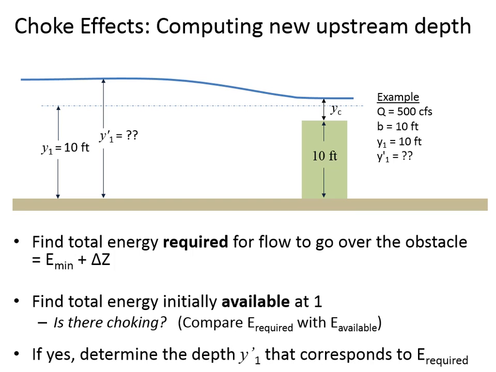The other reason that we know that is that our critical depth, if we recall, was 4.265. And so originally, before pooling, we had 10 feet. Before this choke occurred, the flow was subcritical, and so it's going to stay subcritical after it goes through the pooling process. So that's just another way that we can feel comfortable with this being the correct root, by comparing the flow before to the critical depth.